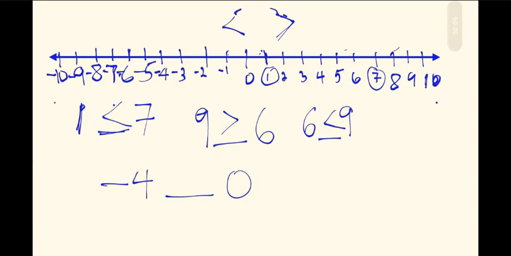So the sign opens up on 0. It means 0 is greater than -4. How about -3 and -2? We can say that -3 is smaller than -2. So we say -3 is less than -2.